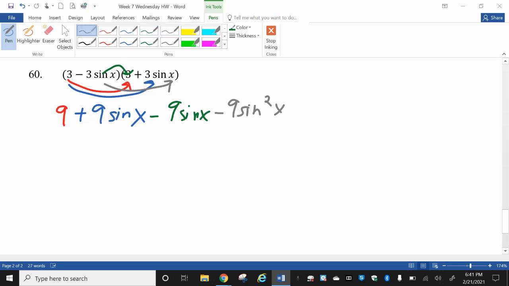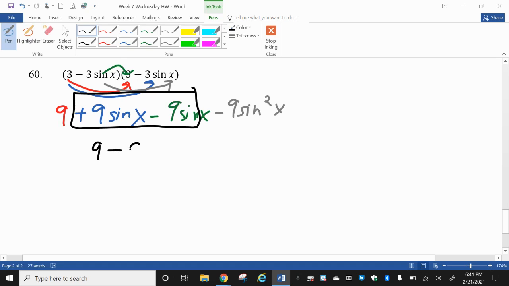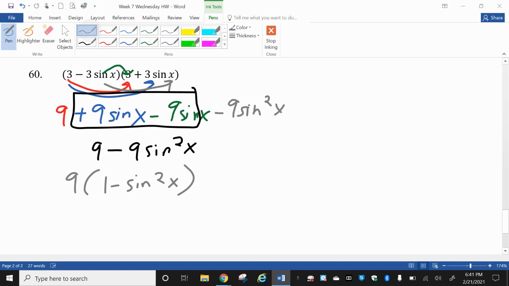Okay, combining the two middle terms, the like terms will cancel out, and we'll be left with 9 minus 9 sine squared of x. We're going to factor out what they have in common, which is a 9. And we'll be left with 1 minus sine squared of x, which if you go back to the Pythagorean identity, sine squared of x plus cosine squared of x is equal to 1.